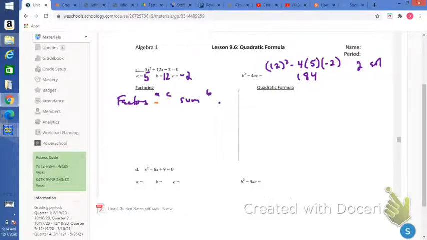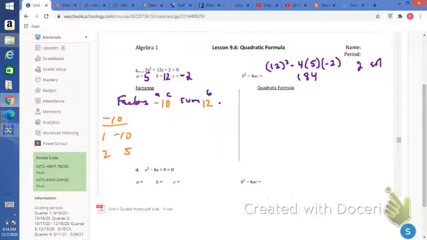So factors of negative 10 that sum to 12. So factors of 10, 1 and 10, 2 and 5. One's got to be positive, one has to be negative. Just not going to be able to get there.